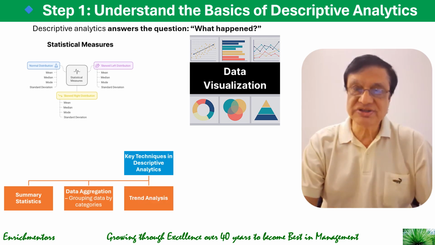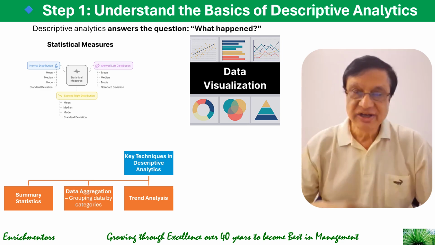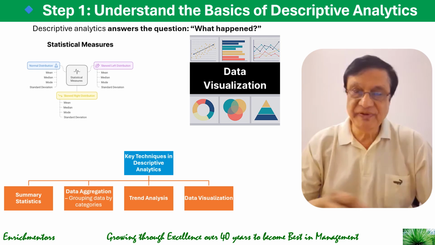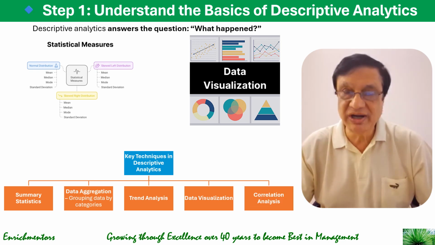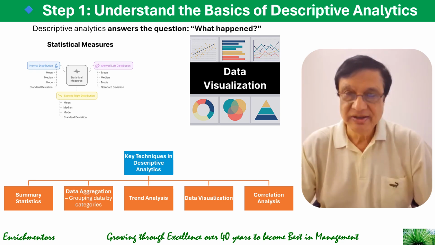The third is trend analysis, in which you identify patterns over a period of time, for example, sales growth over months. The fourth is data visualization with the help of charts, graphs, and dashboards, such as bar charts and histograms. And the fifth is correlation analysis, where you identify the relationship between variables, let's say price versus demand.